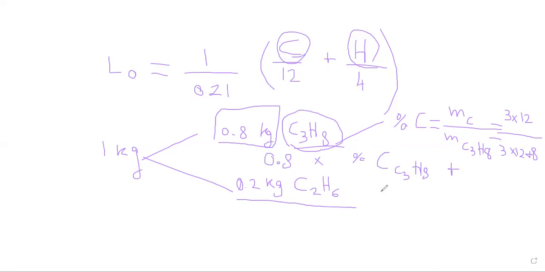So we add 0.2 times the percentage of carbon in C2H6. In a similar way, the percentage of carbon in C2H6 is just 2 times 12 over 2 times 12 plus 6.